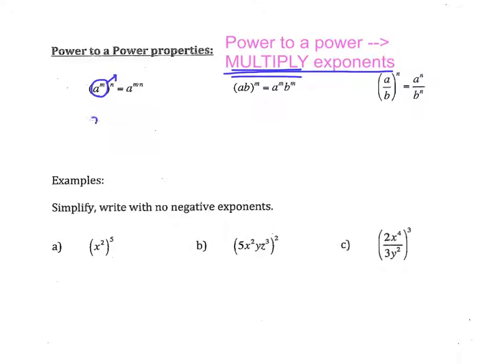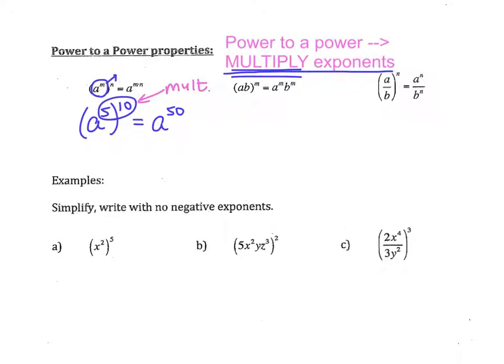So if you had a to the 5th and you were raising it to the 10th power, that would become a to the 50th. You're not adding the exponents and you're not raising the exponents to a power. You're multiplying those numbers together. Generally, you have parentheses on these problems, so when you see those parentheses, it should help you remember to multiply those.